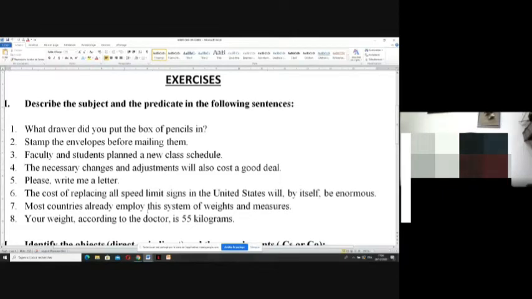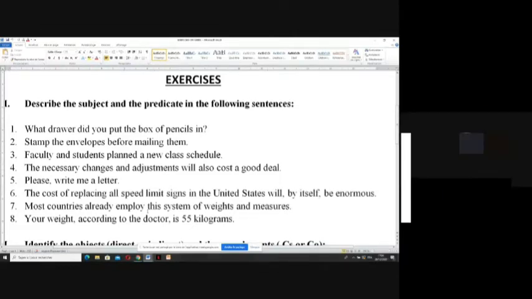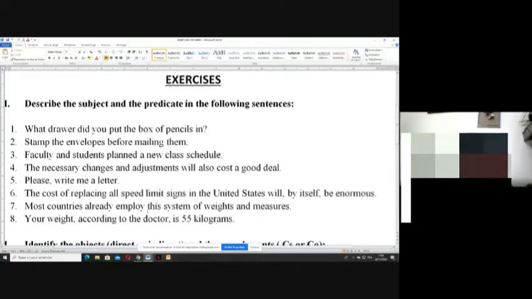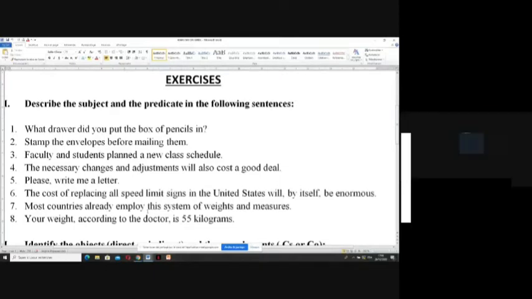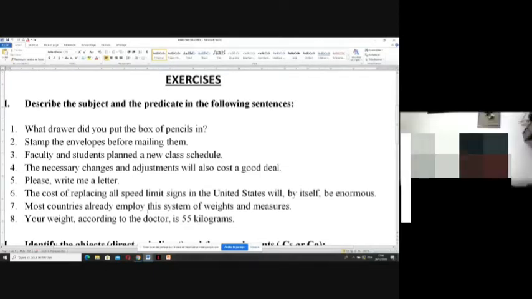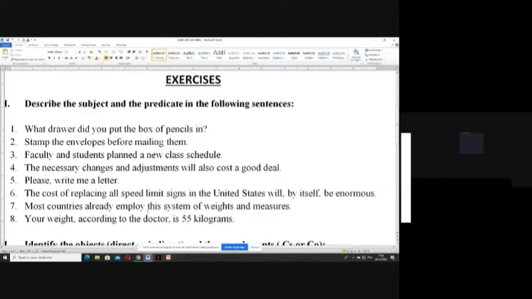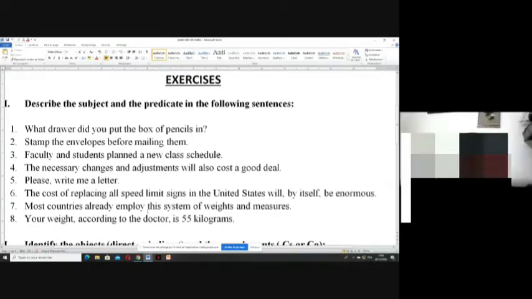Normally, the sentence is you write me a letter. This is a sentence, but since it is an imperative, we have omitted you. So you is the subject. You put implicit subjects between brackets. Between brackets, you write you.